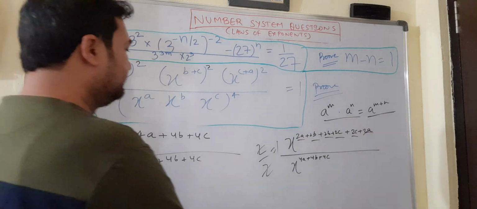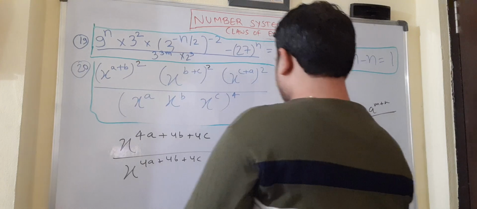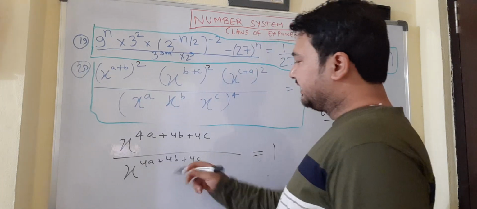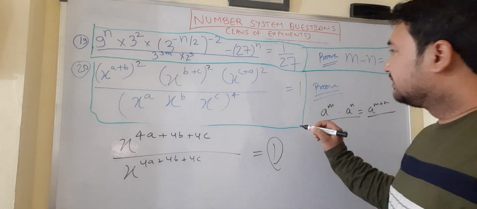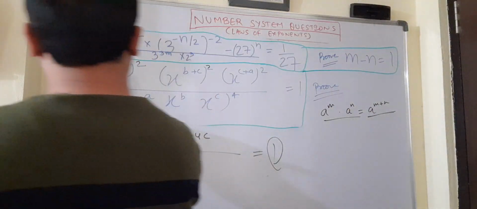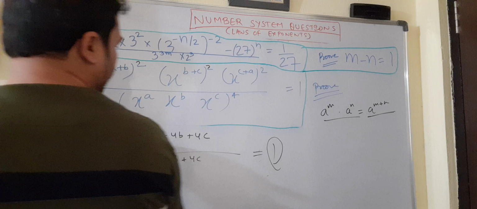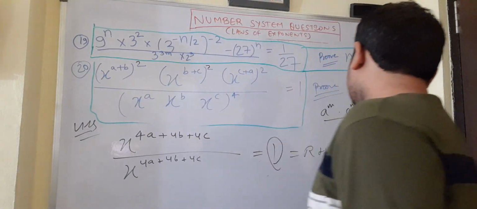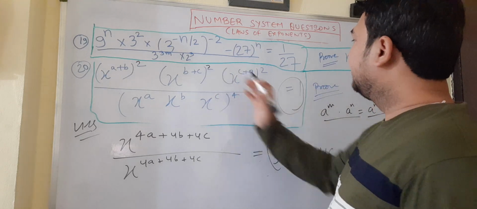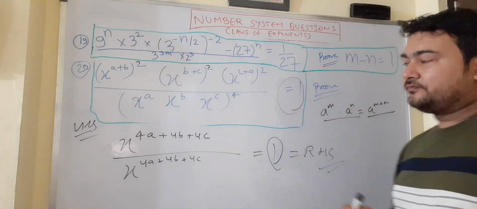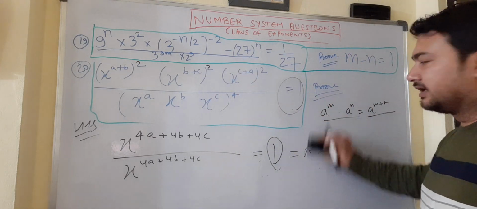So the result will be 1. Both will cancel out each other and the answer you will get is 1. So you started from LHS and you got the RHS as 1, and hence you have verified that this LHS equals 1. Clear?